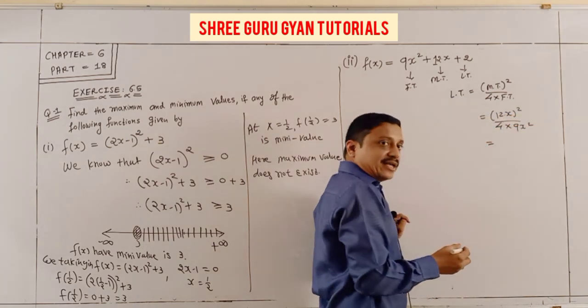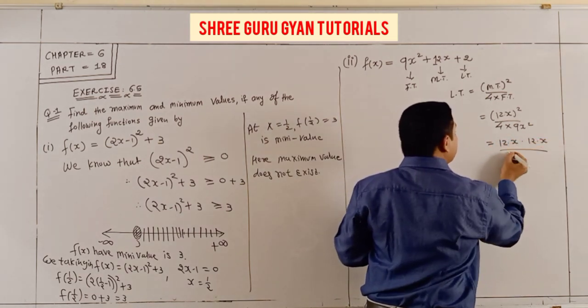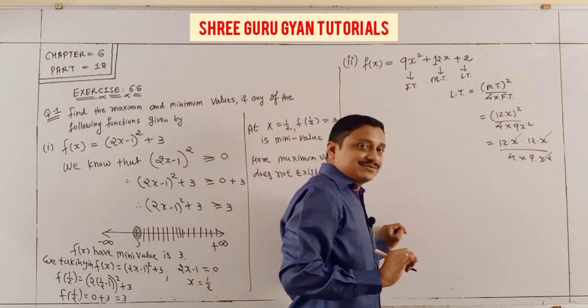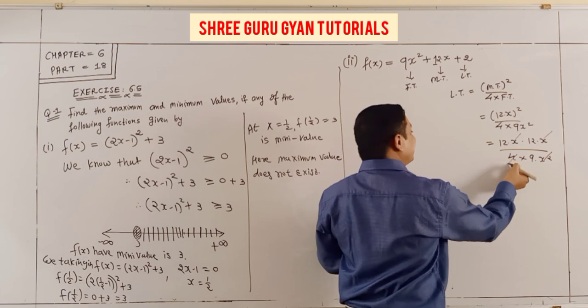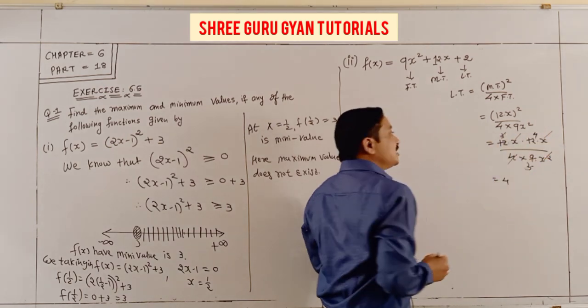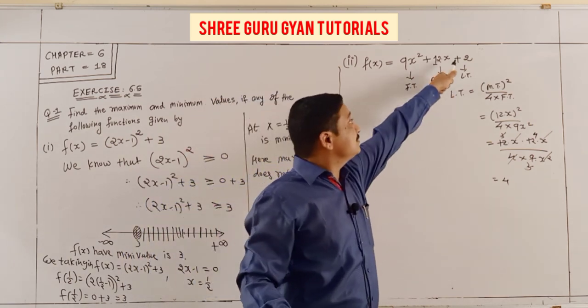So the answer is 12 into 12 by 4 into 9, x square cancels, and you get only the last term 4. But the actual last term is 2.